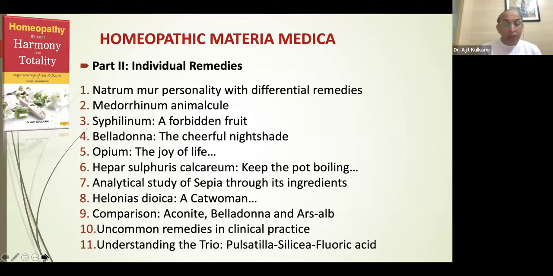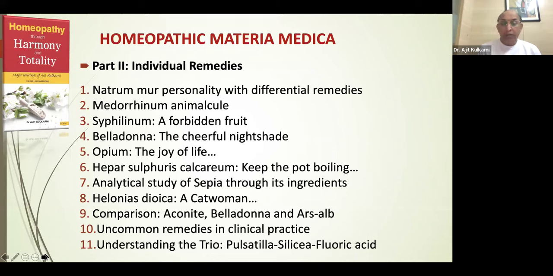Belladonna, the cheerful nightshade. So these names are very fascinating, and I have taken a good amount of effort to define through the heading what exactly the remedy conveys to you. Then opium, the joy of life. Hepar sulph, keep the pot boiling.